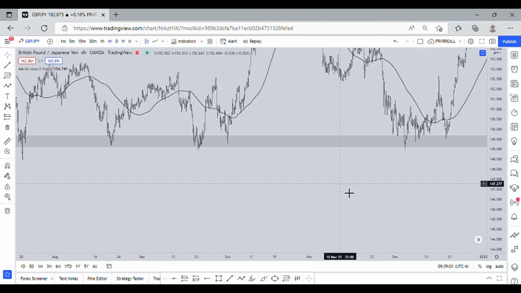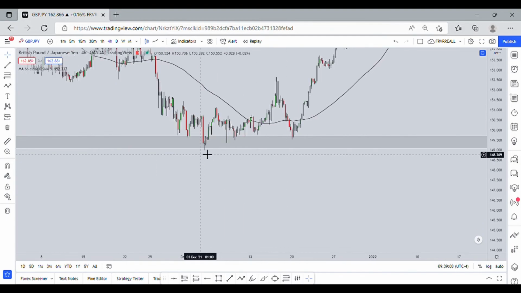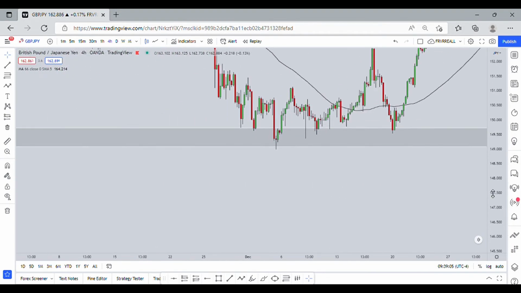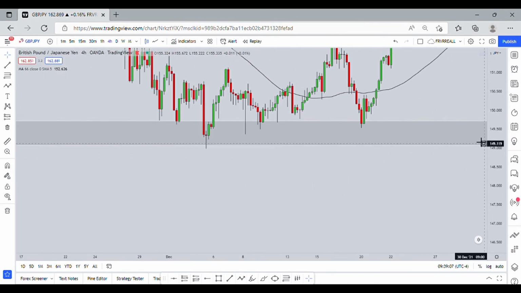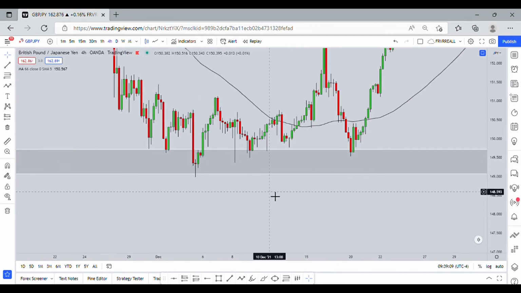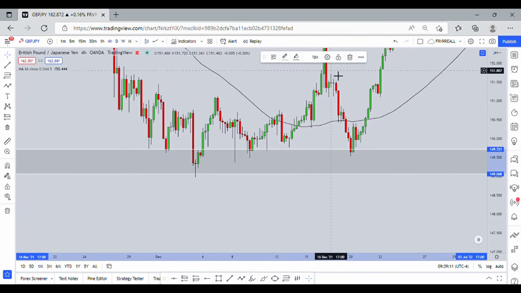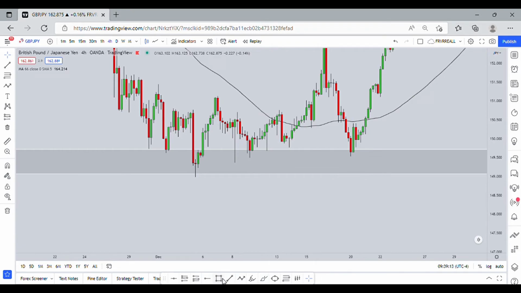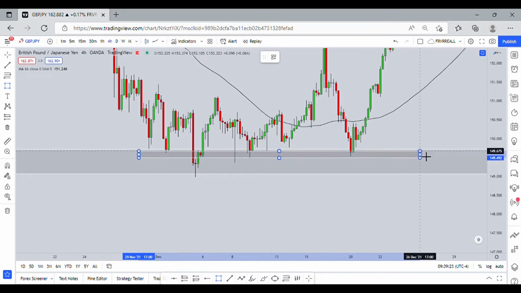So if price is here, you can refine this level and find more accurate levels. All you've got to do is find the median of whatever is happening here and draw your supply or demand, demand in this case, or supply if it was the other case, or support or resistance if it's a lower time frame than this.